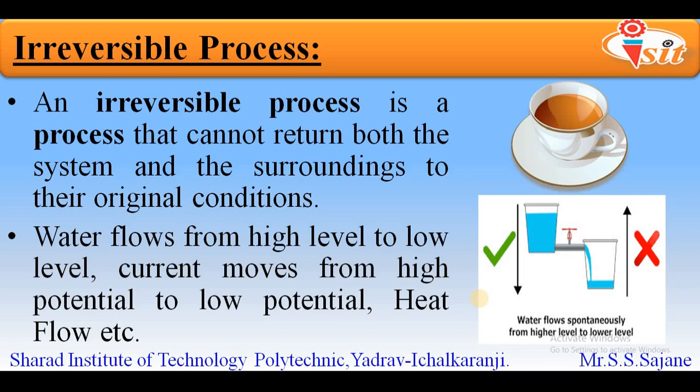We have seen that the buckets are placed at different heights, as a result of which water can naturally flow down, from the upper bucket to the lower bucket. It will not require any kind of external energy for this flow of water.